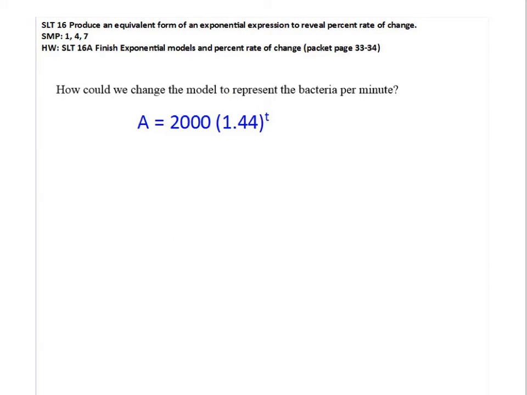Now, how do we want to change it to represent per minute? Well, since T we defined before is time in hours, how many minutes are in an hour? That's 60 minutes.